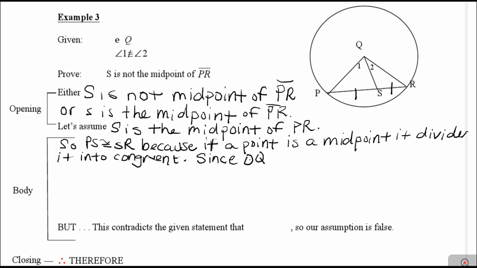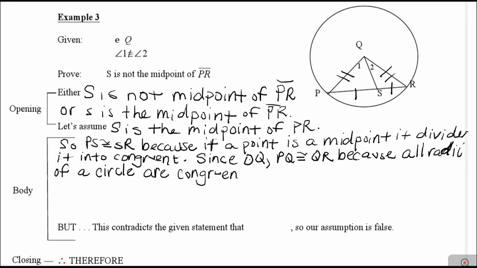So we would know then that PQ is congruent to QR because all radii of a circle are congruent. We can use the reflexive property on QS to get the triangles congruent by SSS.